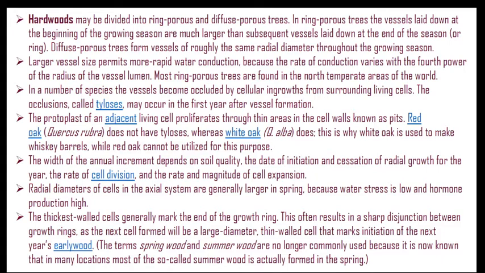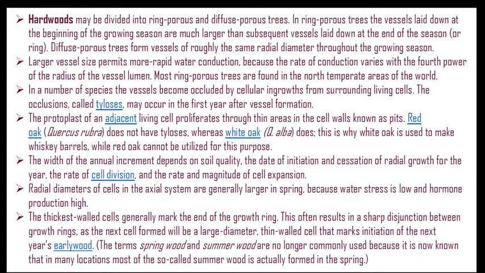For example, red oak, Quercus rubra, does not have tyloses, whereas white oak, Quercus alba, does. This is why white oak is used to make whiskey barrels, while red oak cannot be utilized for this purpose. That is the main difference between red oak and white oak.